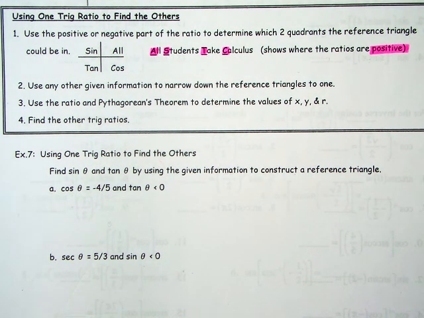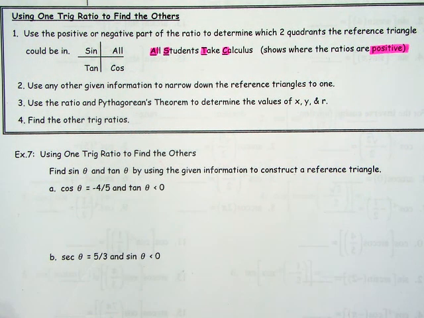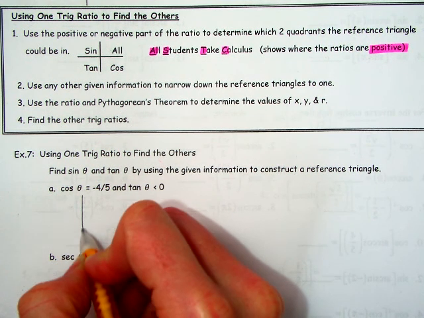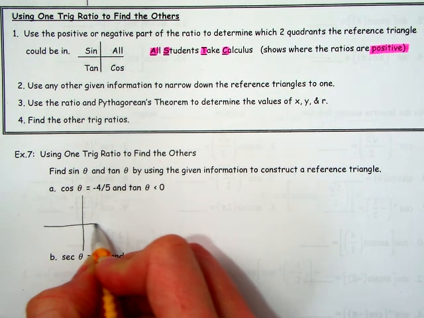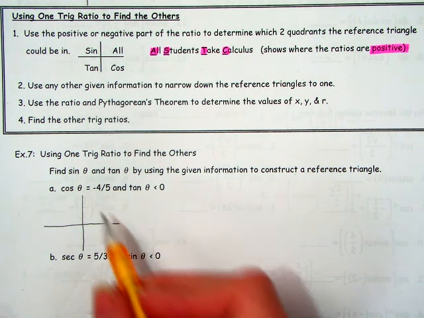Now what we're going to do is look at, if I know one of my trig ratios, how can I find the other ones? The given piece of information here in part A says that the cosine is negative. If I think about my four quadrants, where could I possibly have a cosine that is negative? Well, we have all of them positive here.